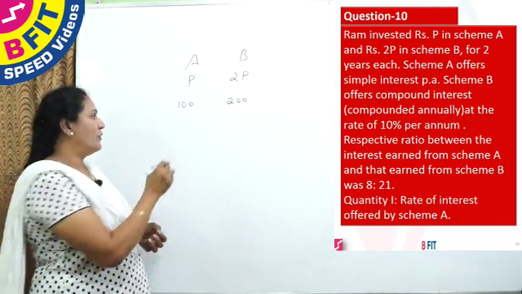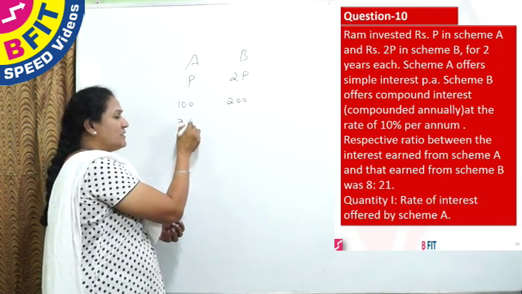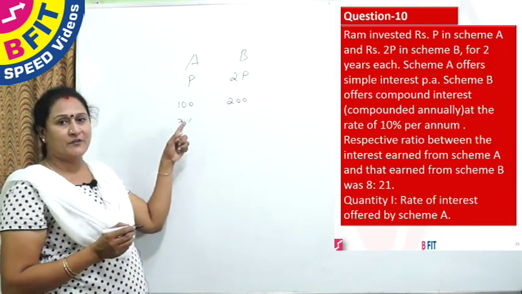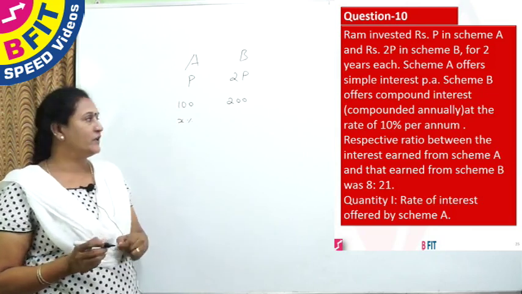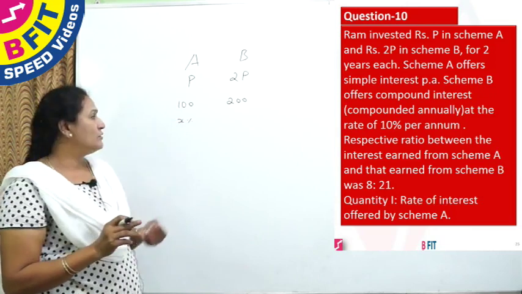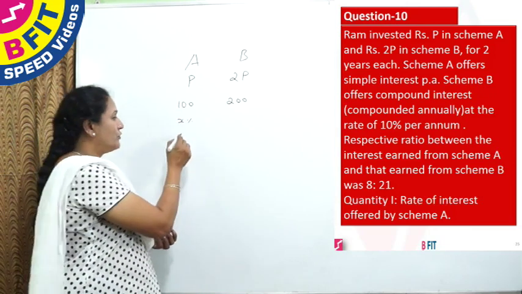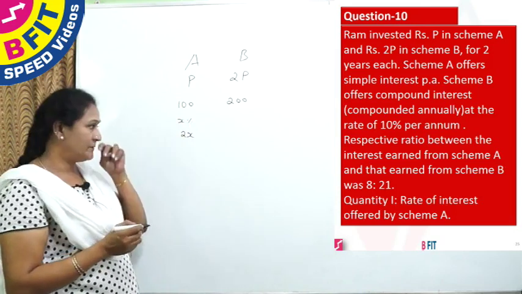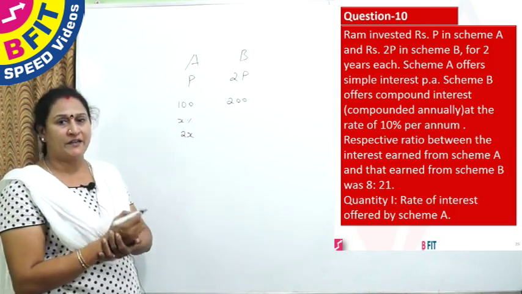That has to be found. So we'll take it as X%. If the rate of interest is X%, for 100 rupees he will get X rupees for 1 year. And what is the period of investment? It is 2 years. So for 1 year X rupees, for 2 years, in scheme A it is simple interest, he will get 2x as interest.